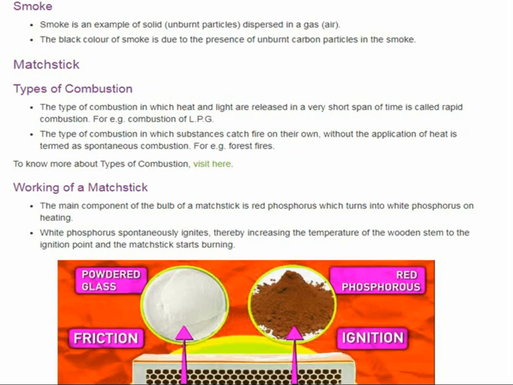But the type of combustion in which these substances catch fire on their own without the application of heat is termed as spontaneous combustion. So in the rapid combustion, the fuel releases heat and light in a very short span of time and very fast, but it does not last for much time.